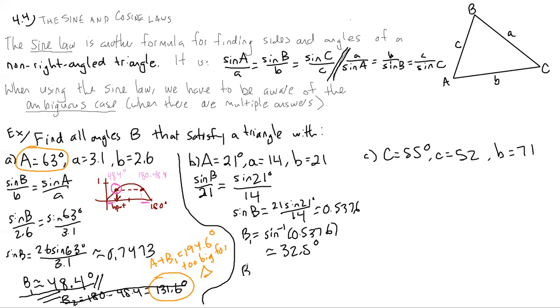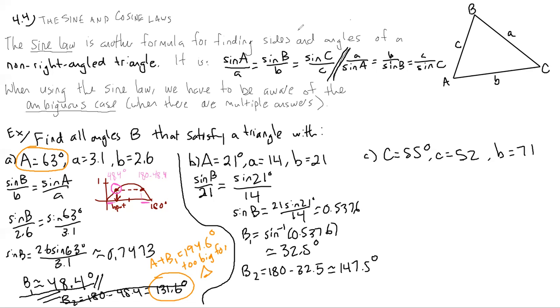And so my potential B2, just following the same pattern, looking at that picture using the symmetry, would be 180 minus 32.5 degrees. And if you don't like that picture, the written notes also have a second explanation for what this alternate angle should be. So the other possibility is 147.5 also.